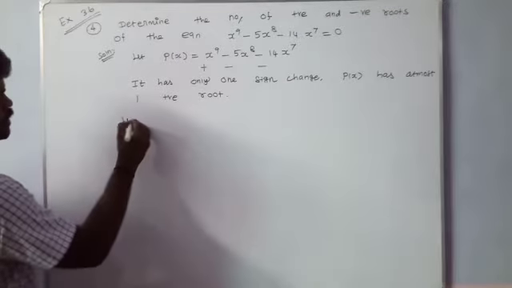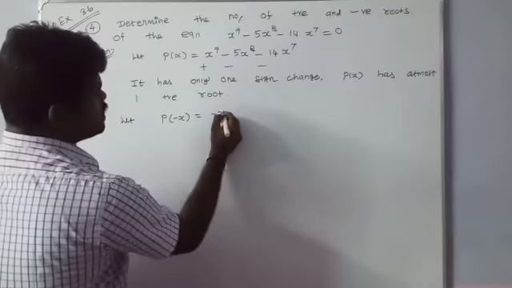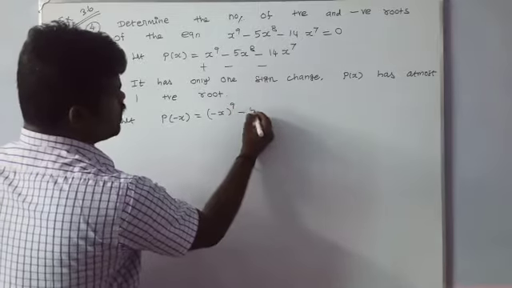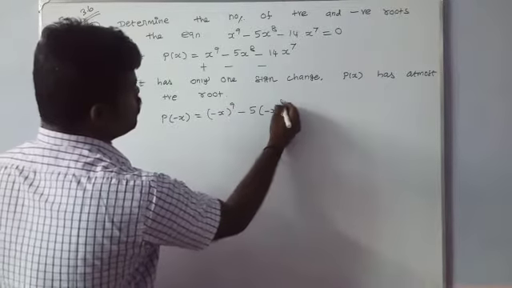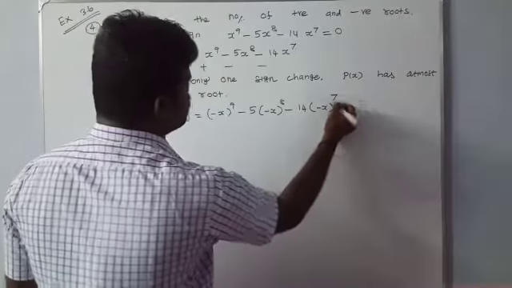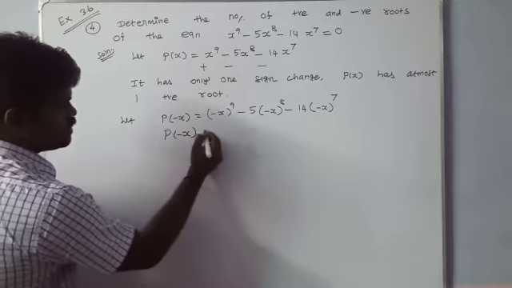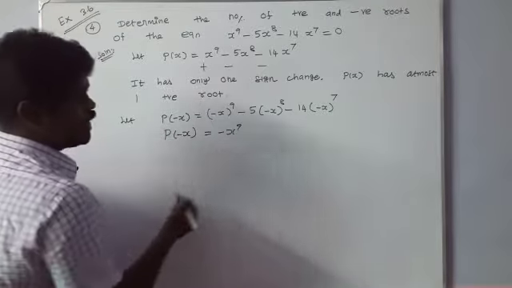Now let us find p of minus x by replacing x with minus x. Here minus x whole power 9, minus 5 into minus x whole power 8, minus 14 into minus x whole power 7. So what are the values of p of minus x? It is minus x power 9.